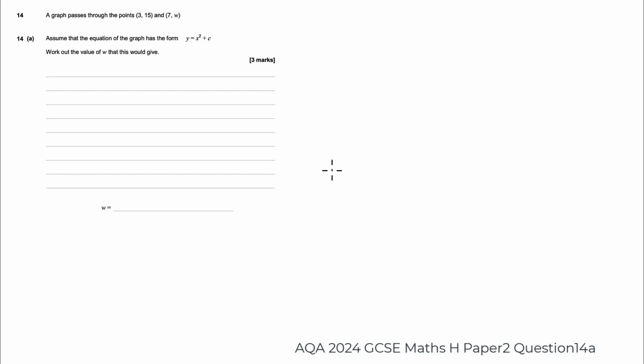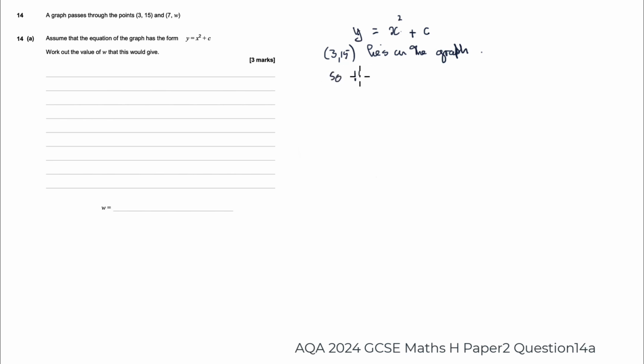So how are we going to proceed? Well, let's write down what we do know. We know that the equation of the graph is y equals x squared plus some constant c. We know that (3, 15) lies on the graph. Now, because it lies on the graph, we know that when we put x as 3 and y as 15, this equation will be true.